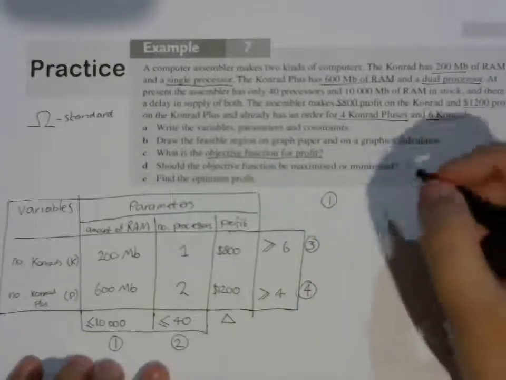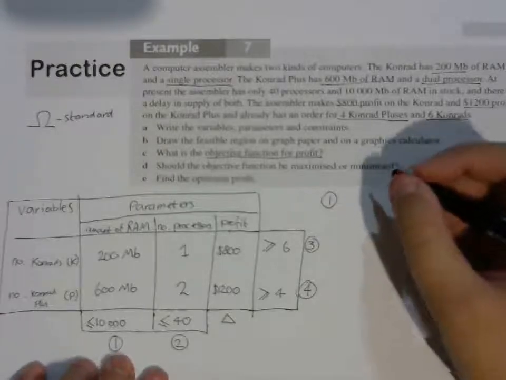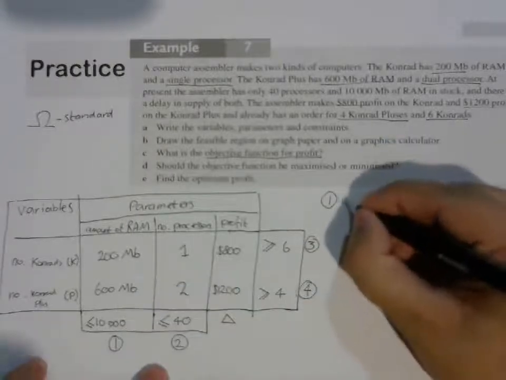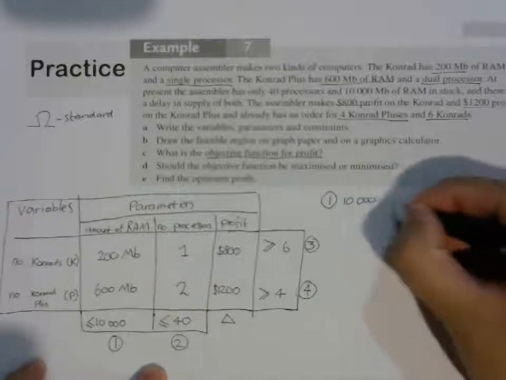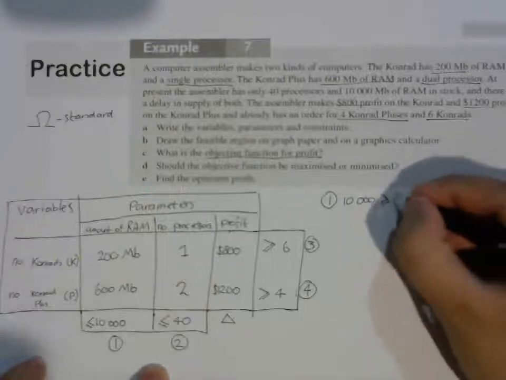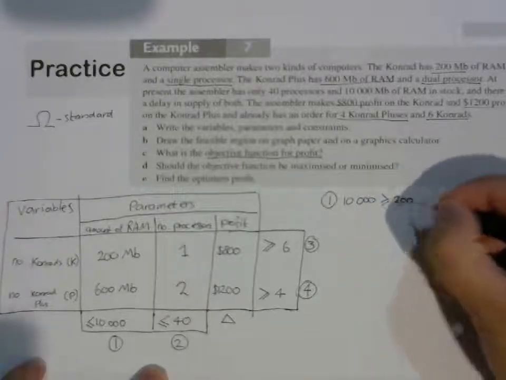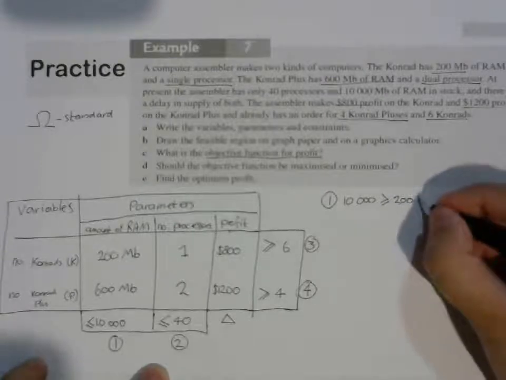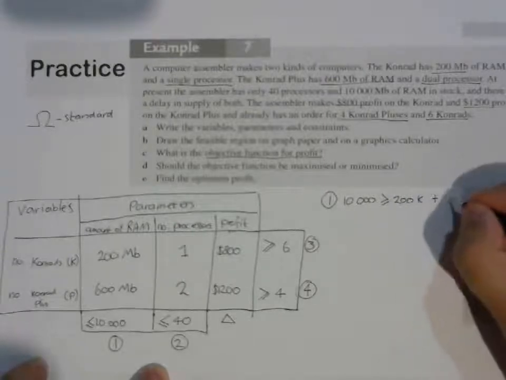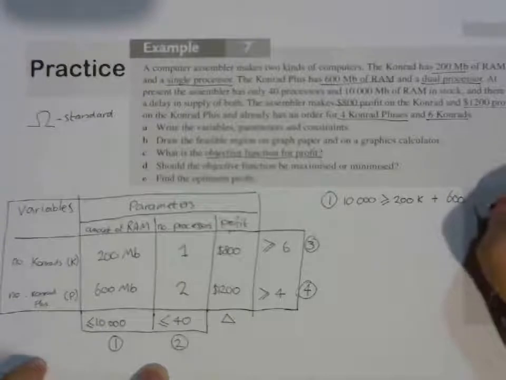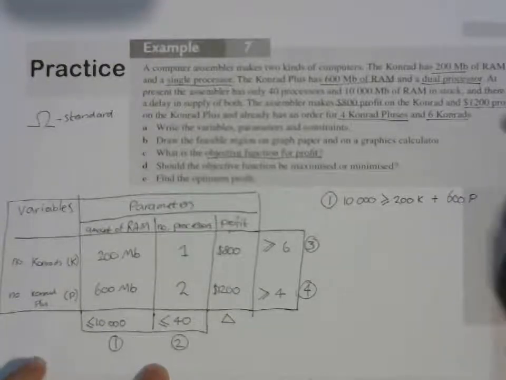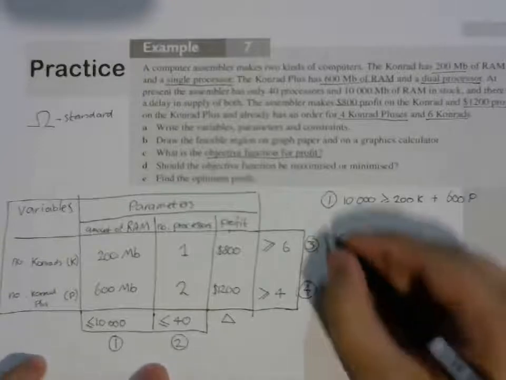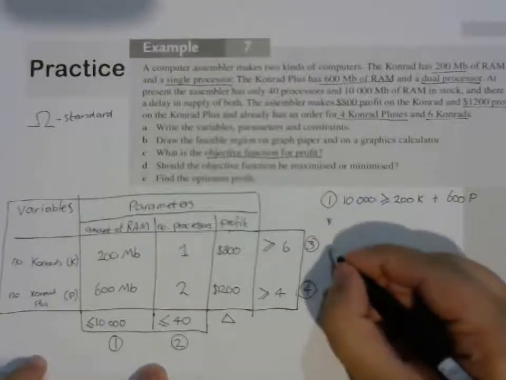So the first inequality I have is going to be 10,000 has to be more than or equal to 200 megabytes times the number of Conrads plus 600 megabytes times the number of Conrad Pluses. I'm going to leave some space here for the rearrangement.